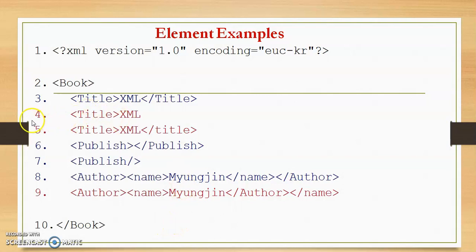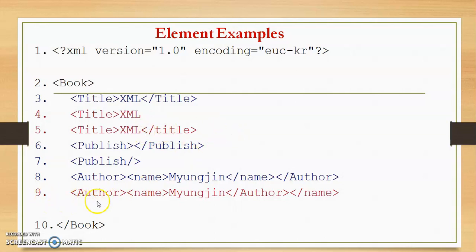Here, if you look at the fourth line, the title tag is there, followed by the content, but there is no closing tag. And in the fifth line, the title tag starts with a capital letter and the ending tag starts with a small letter. It's also a wrong one.